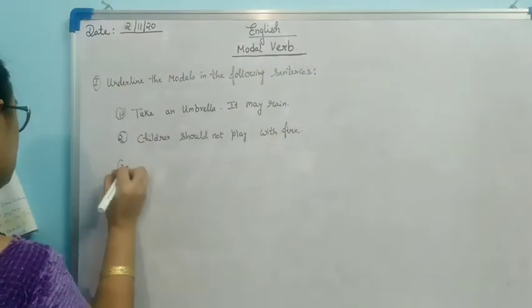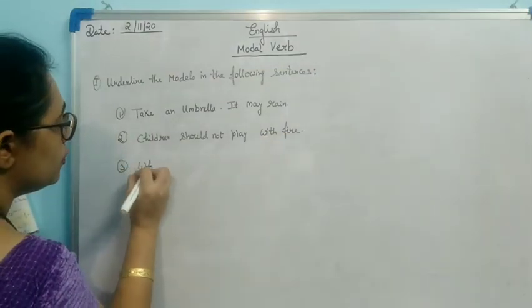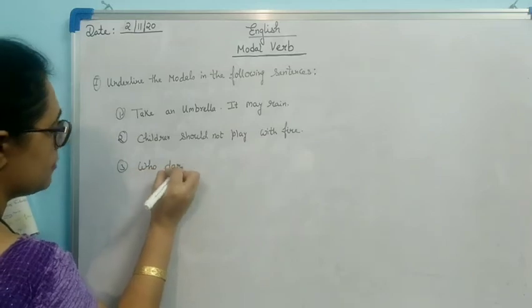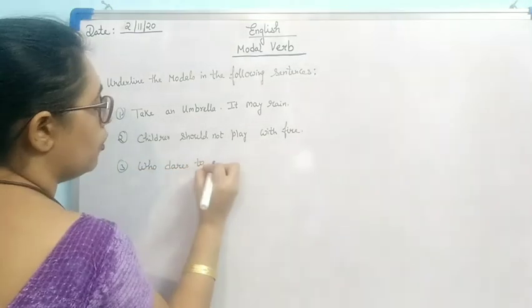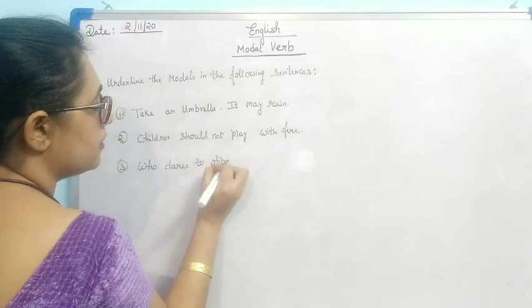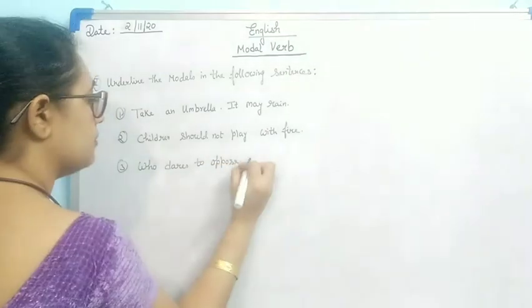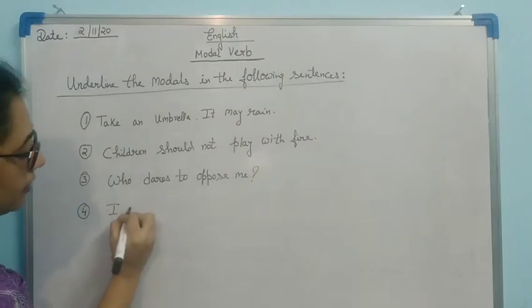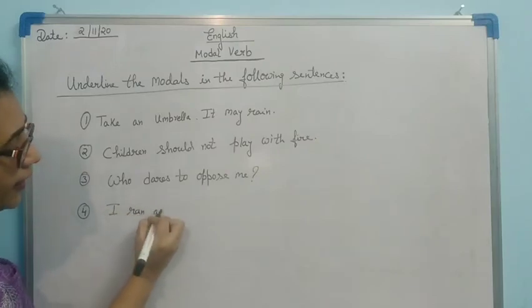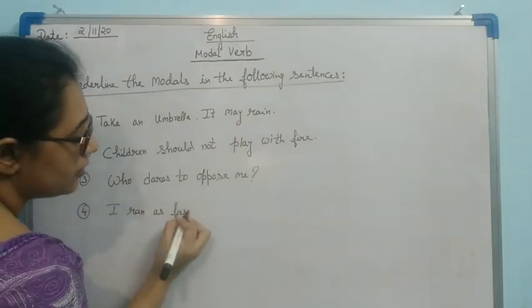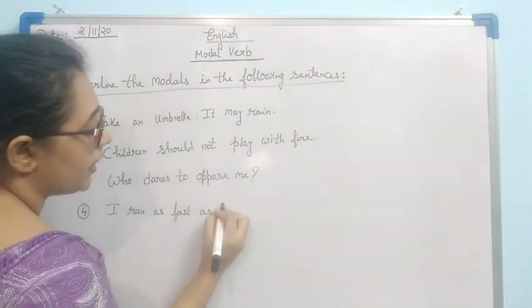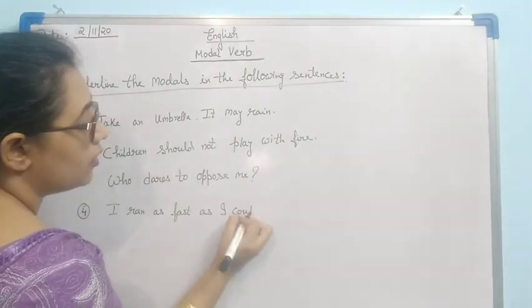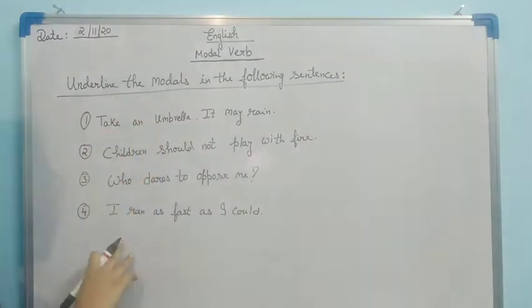Third sentence, who dares to oppose me? I ran as fast as I could. Okay, so here I will give four examples.